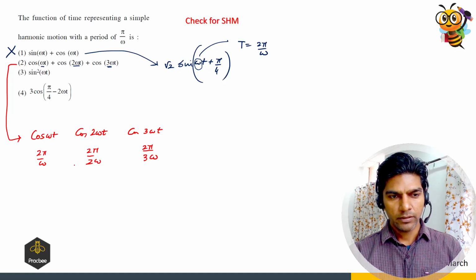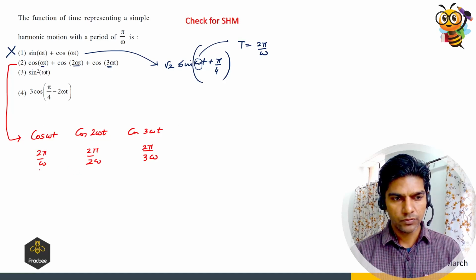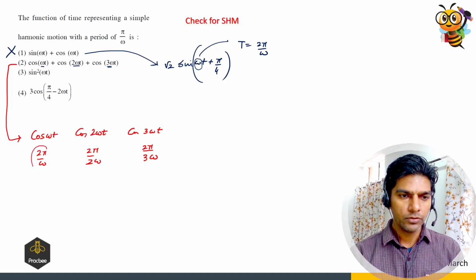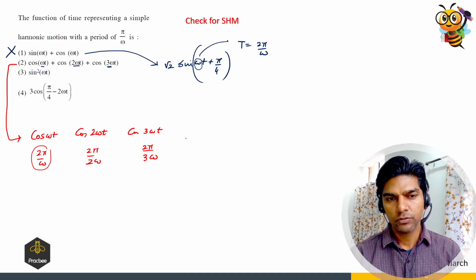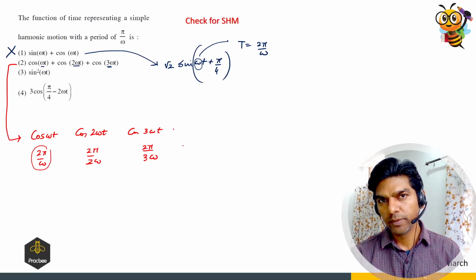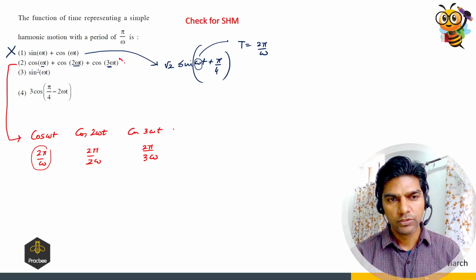So the greatest time period among these three functions is for cos omega t, 2 pi by omega. So we can say the sum of these three functions will repeat themselves after 2 pi by omega. So they will have a time period of 2 pi by omega. So this option 2 is also incorrect.